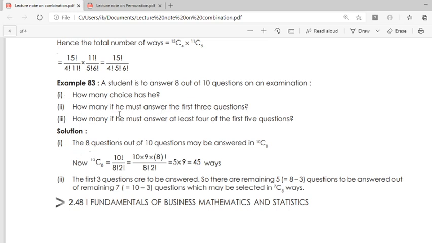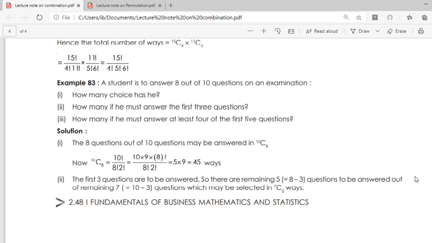8 questions. In how many ways can he select 8 questions out of 10? That is 10 combination 8. It's picking 8 out of 10. That's how you have this. Now the second is, in how many ways if you must answer the first 3 questions. Now if you must answer the first 3 questions, and he's answering 8, he's remaining with 5.